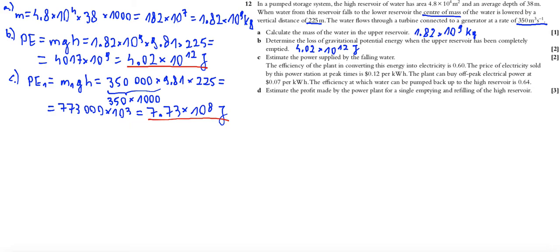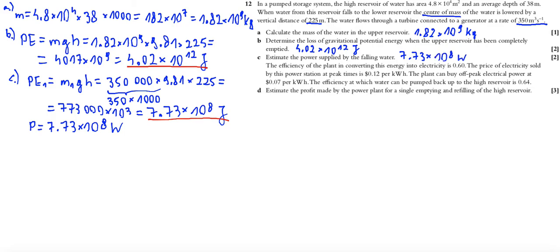The question was about power, so power is energy over time. If this is per 1 second, then power of course is 7.73 times 10 to the power of 8 watts. Okay, so I'm going to write this here, 7.73 times 10 to the power of 8 watts.